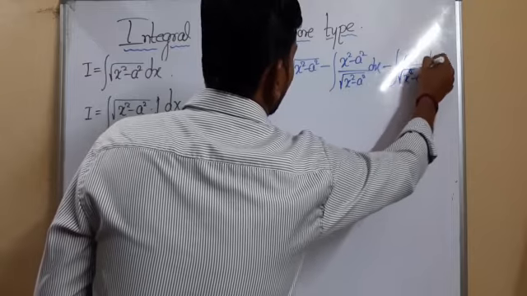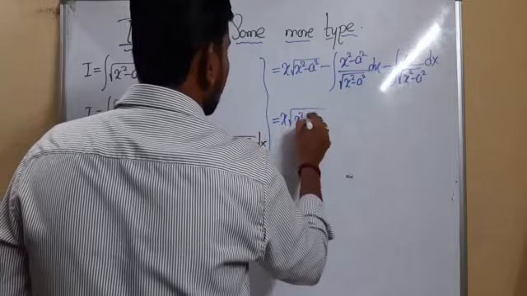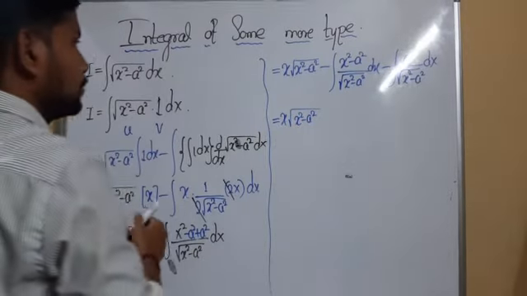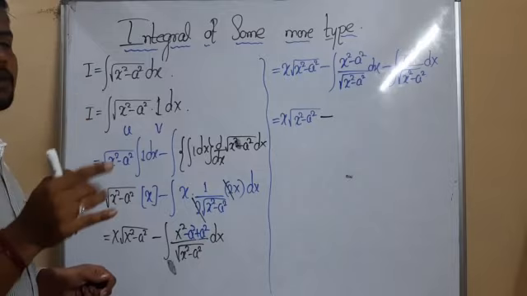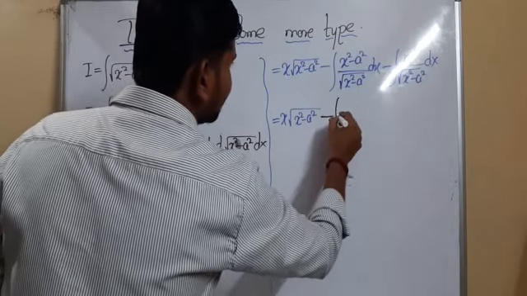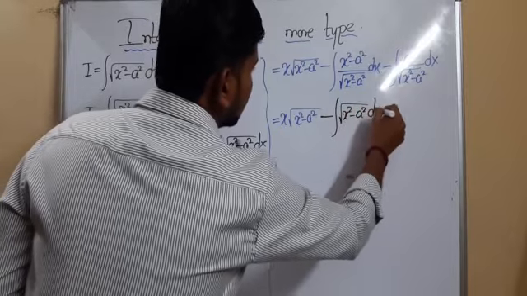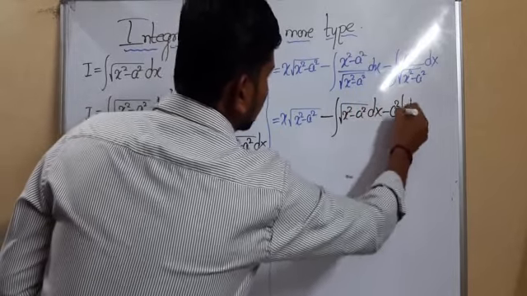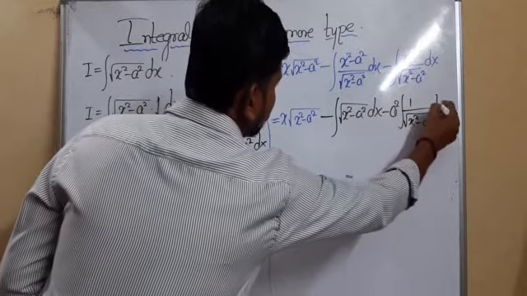The next step will be x square root of x square minus a square as it is here. I can write in the numerator two terms, one term will be cancelled, another term will be left over. Okay, it is minus a square integral of 1 divided by square root of x square minus a square into dx.